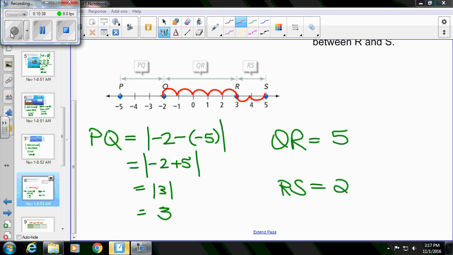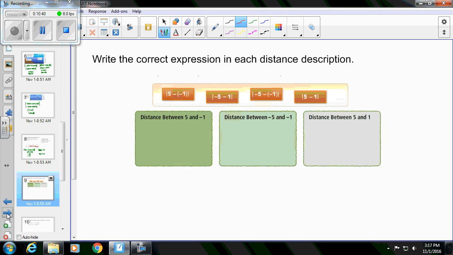On our next slide, write the correct expression in each distance description. So which of these 4 tiles would go in to find the distance between 5 and -1? Which one would be the distance between -5 and -1? And which one would be the distance between 5 and 1? So let's look at the first one. Distance between 5 and -1.